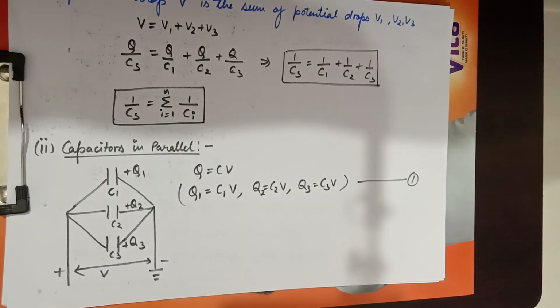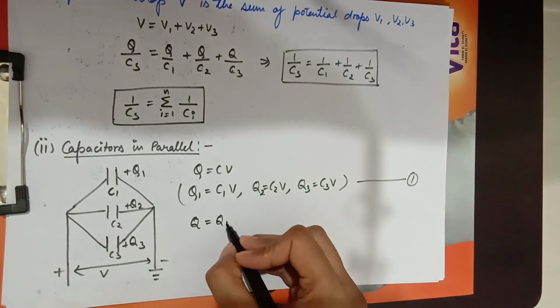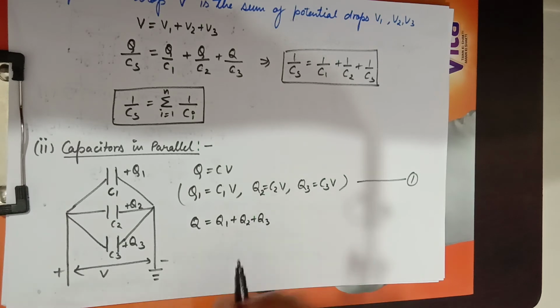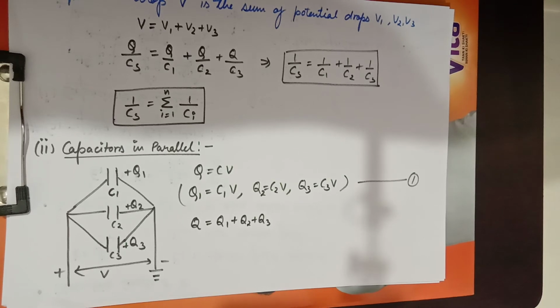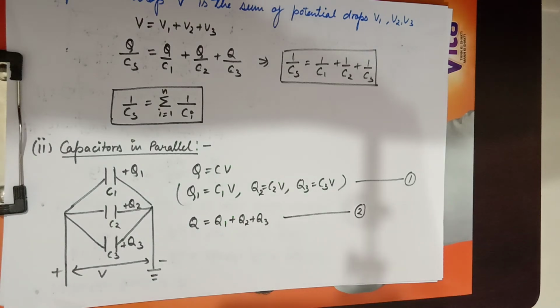Similarly, if plus Q is the total charge on the parallel network, then the total charge will be equal to the sum of Q1 plus Q2 plus Q3. This Q is the total charge stored in the parallel network. I call it equation number 2.